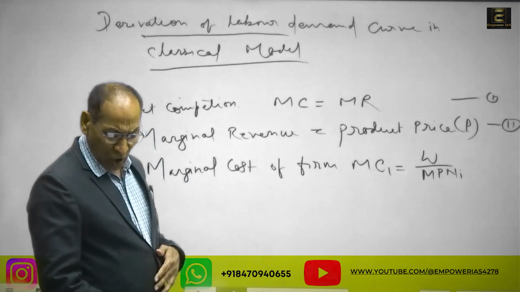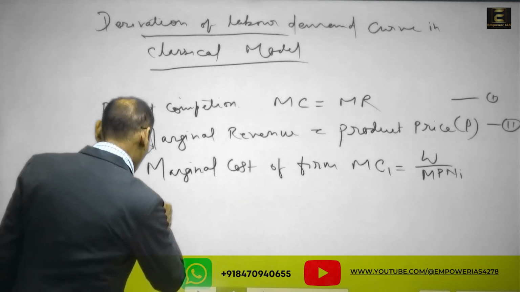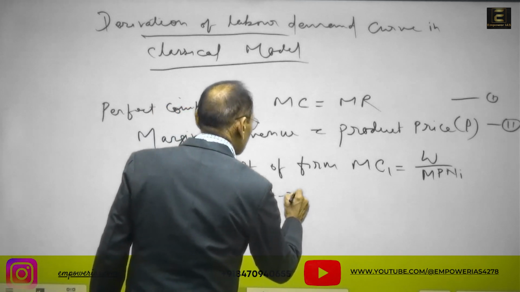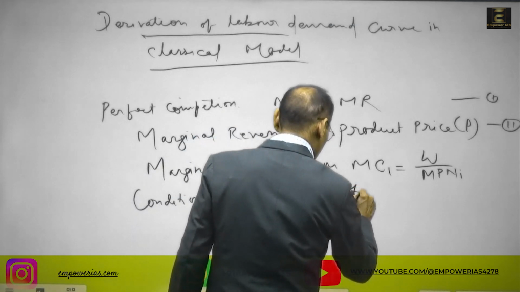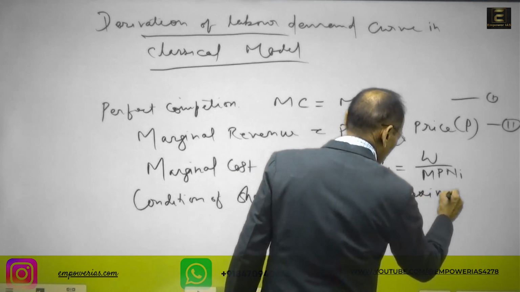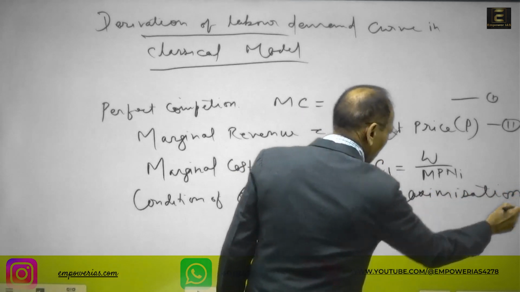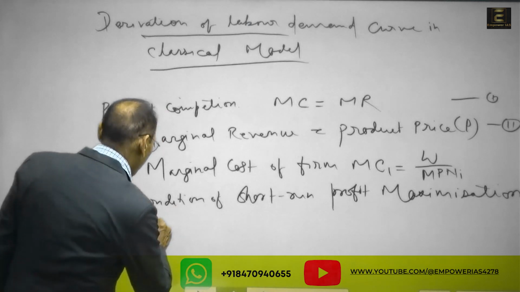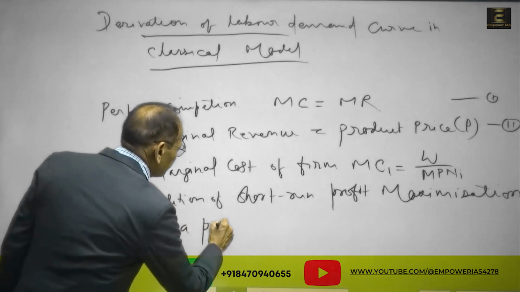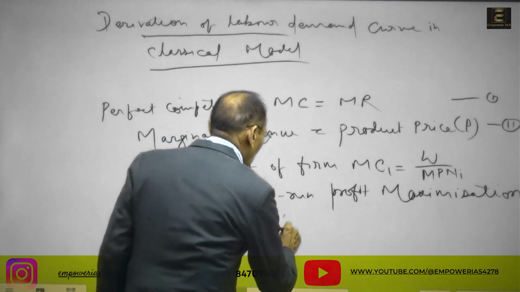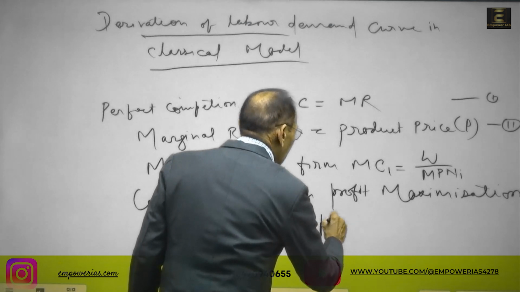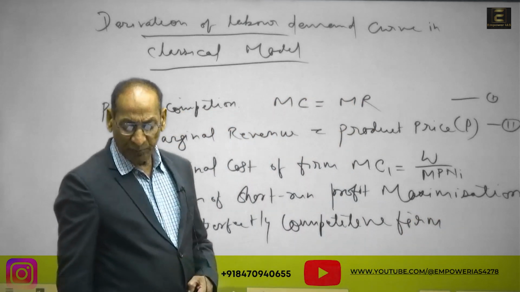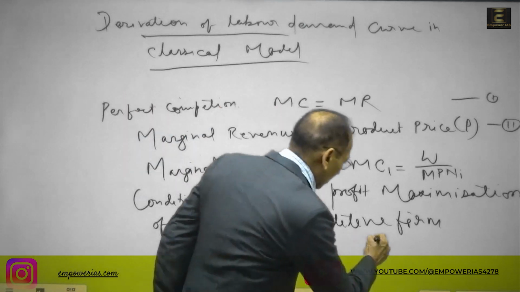And the condition of short run profit maximization of a perfectly competitive firm is P equal to MCi.